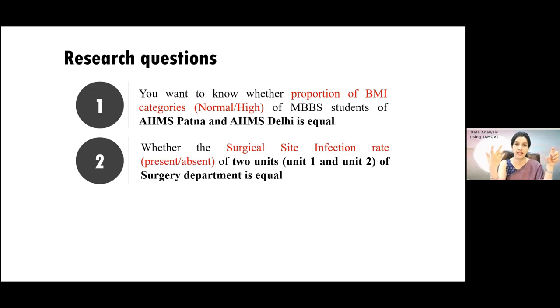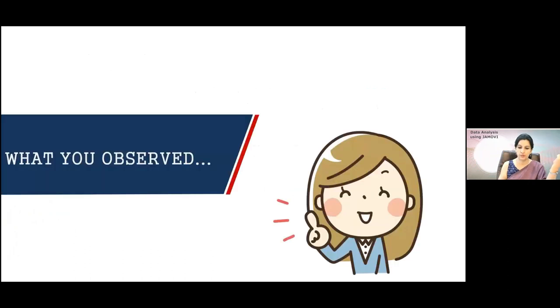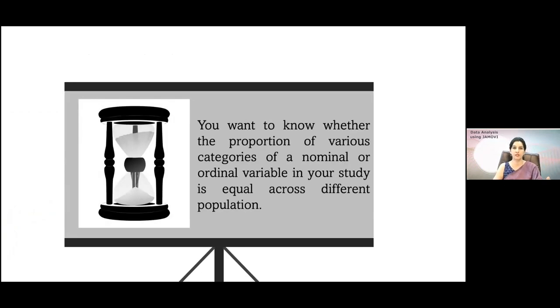So if you take categorical data in your mind and remember the independent sample t-test, then this is more like an independent sample t-test. Again, like if you want to see the proportion of COVID cases present or absent in rural and urban population, again, it has two different populations, then you have to use this chi-square test of two proportion. And we also call it a chi-square test of homogeneity.